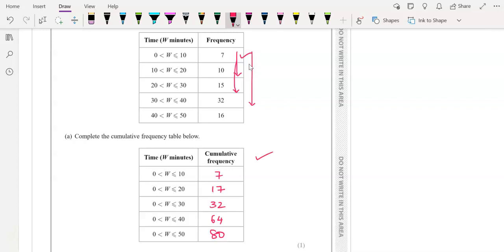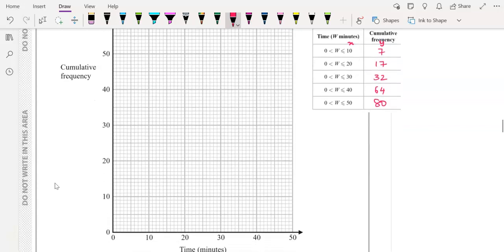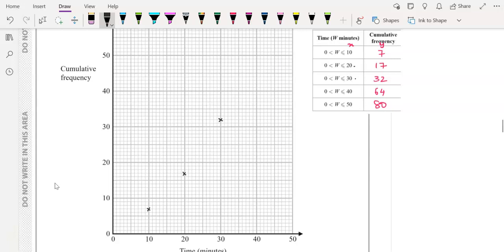Now we have your cumulative frequency. We need to plot these points on your graph. This will be x and this will be y. When x is 10, your y is 7. So it will be this point. At 20, it is 17. For 30, it is 32. 40 is 64.